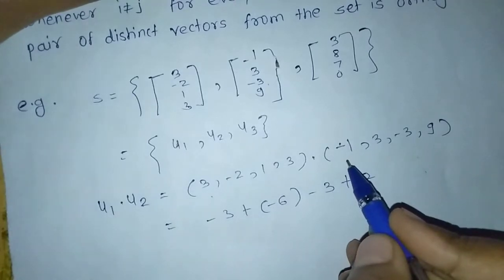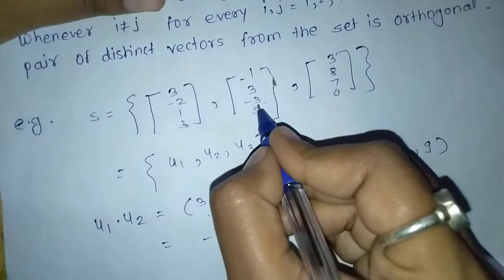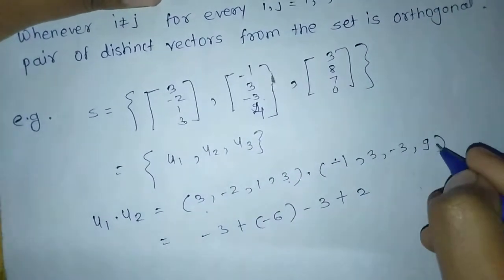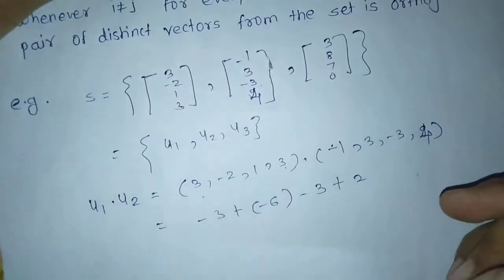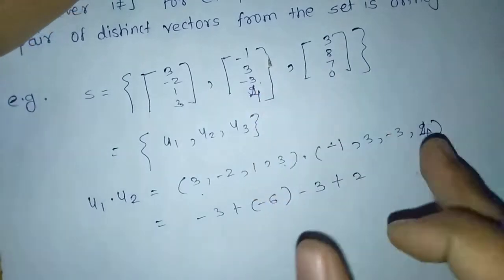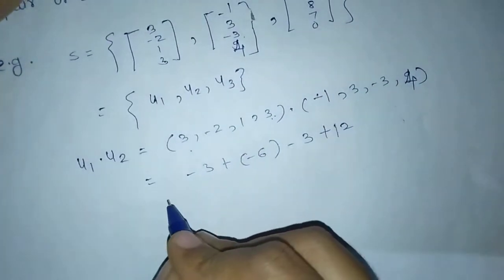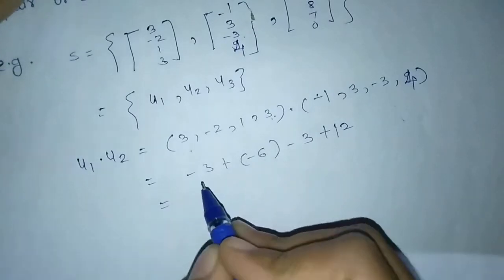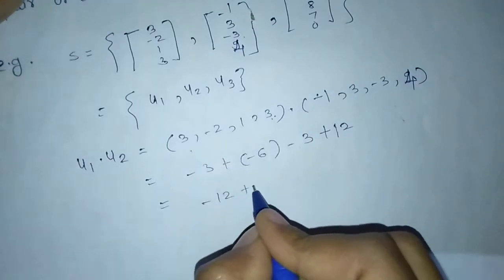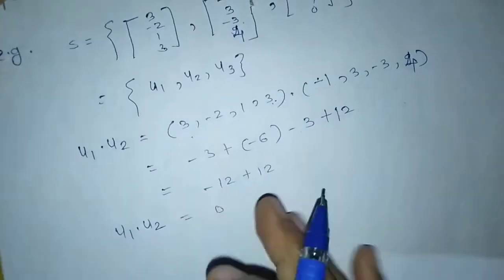Sorry, this is not 9, this is 4. When we take 9, then this set is not an orthogonal set. That's why here take 4. So 3 into 4 is 12, equal to -6 -3 -3, which is -12, plus 12 is equal to 0. So u1 dot u2 equal to 0.